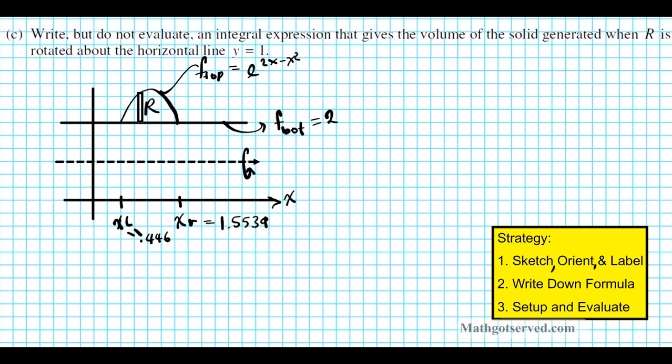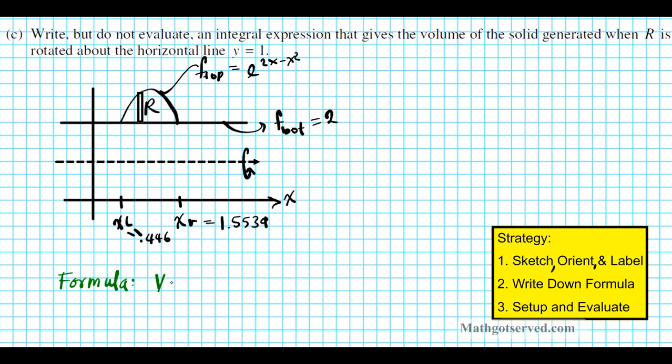Okay, all right, so now we have the setup. We're going to go ahead and write down the formula. In this problem, we're looking for the volume. So what's the formula for the volume of a solid of revolution?